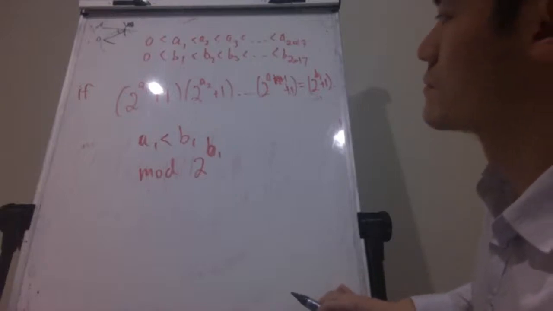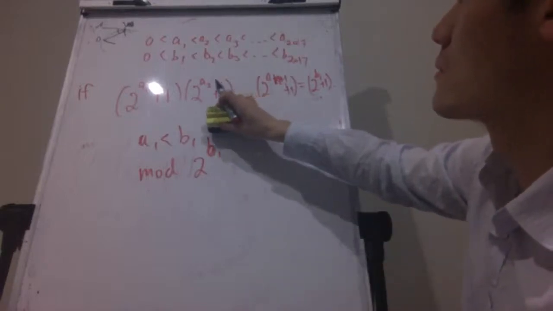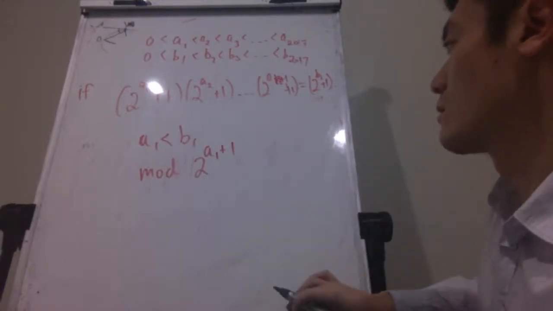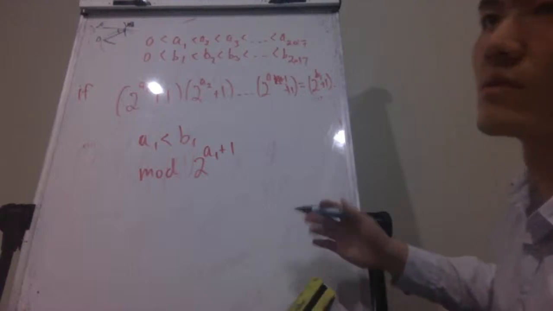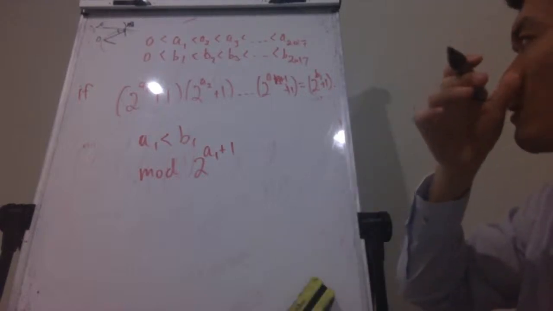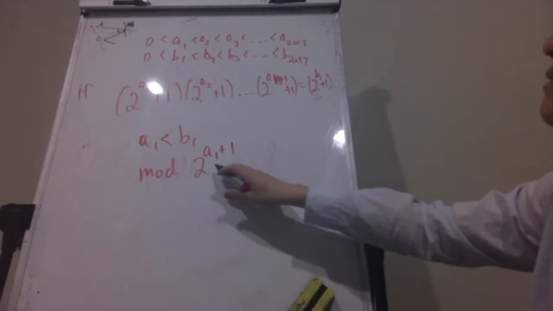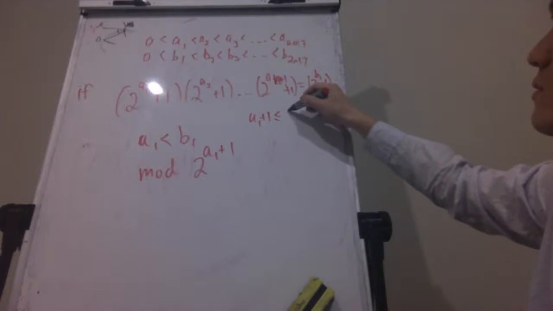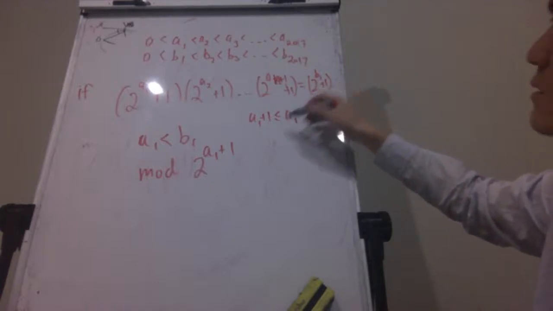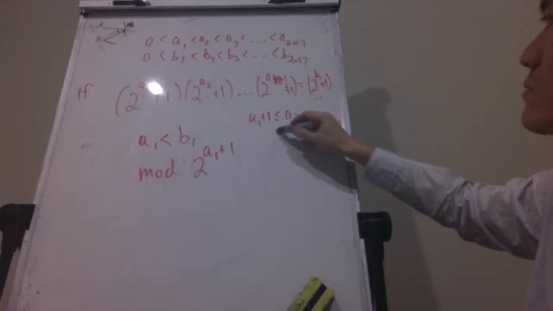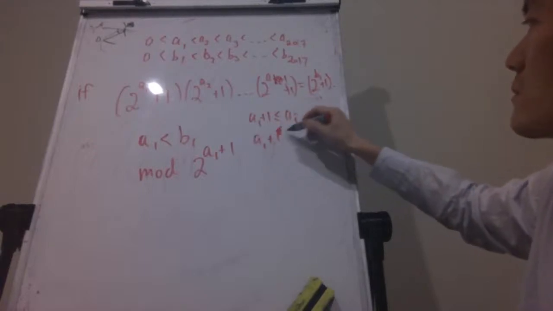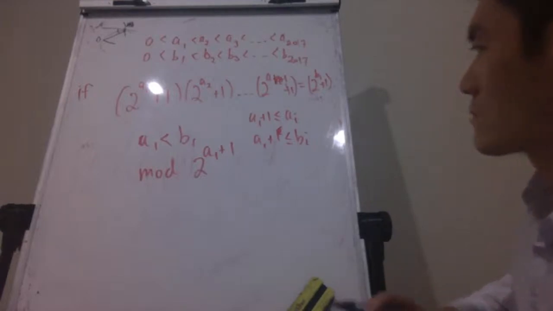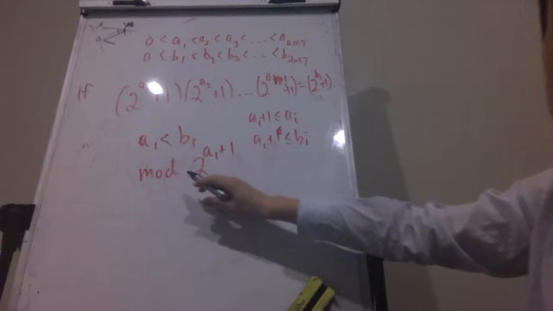So you go ahead with A1 plus 1, because everything else is guaranteed to be greater than or equal to it. This could be the same as B1, but maybe not. So A1 plus 1 is smaller than or equal to all the other AIs and all the BIs, but it's obviously bigger than A1.